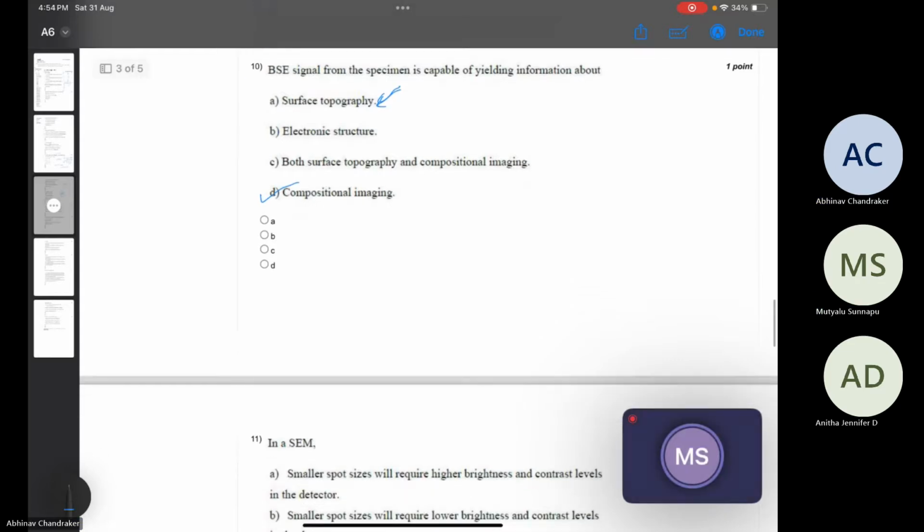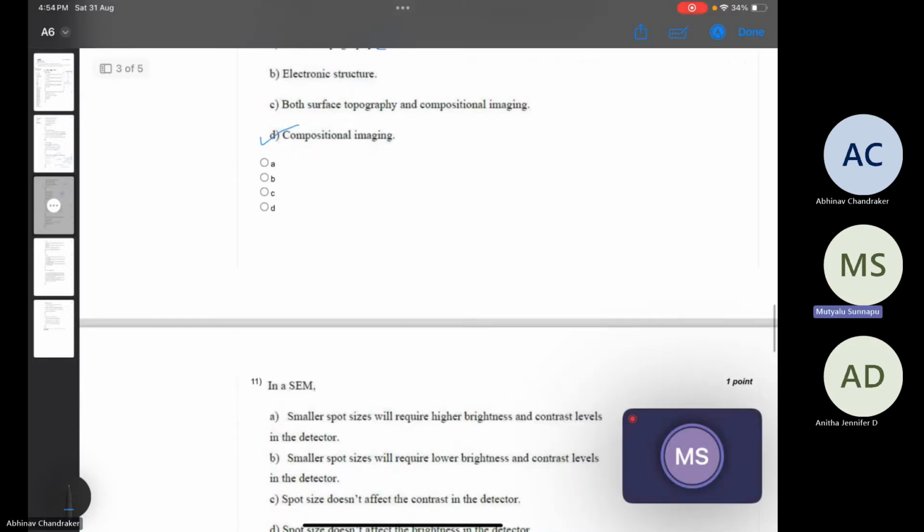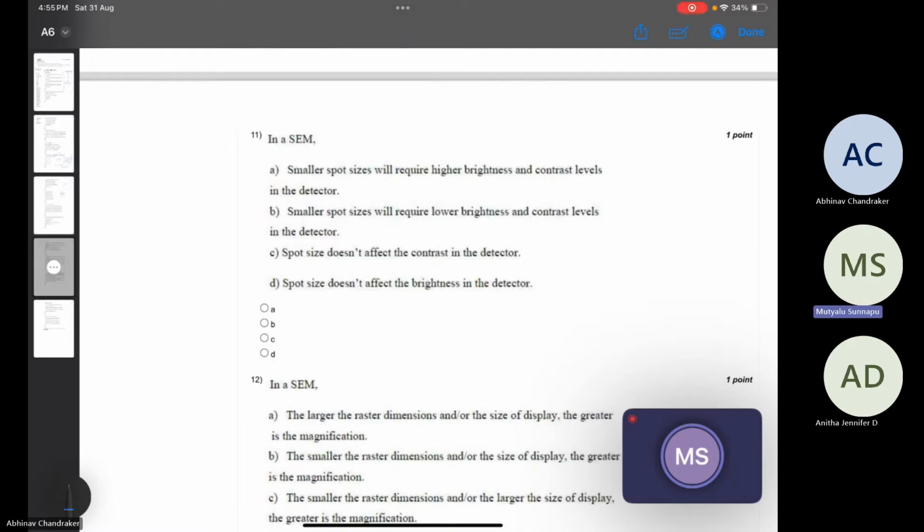In a SEM, in scanning electron mode, smaller spot sizes give lower brightness and contrast levels in the detector.